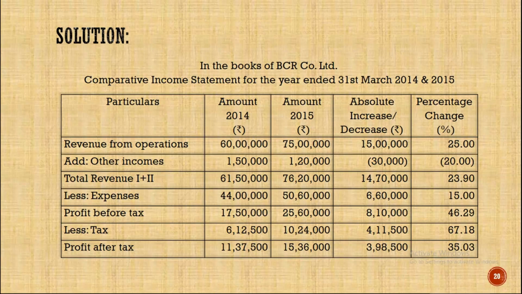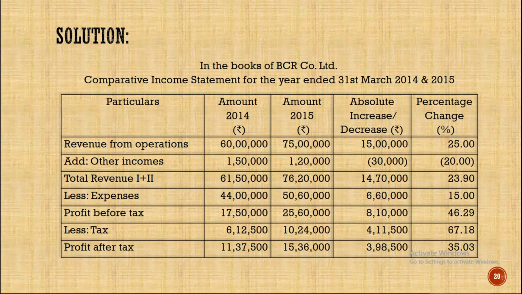So at the end of the statement, we found that the profit after tax figure shows an absolute increase of 3,98,500. That means in percentage, a 35.03% increase the particular company has achieved when compared with the earlier year.